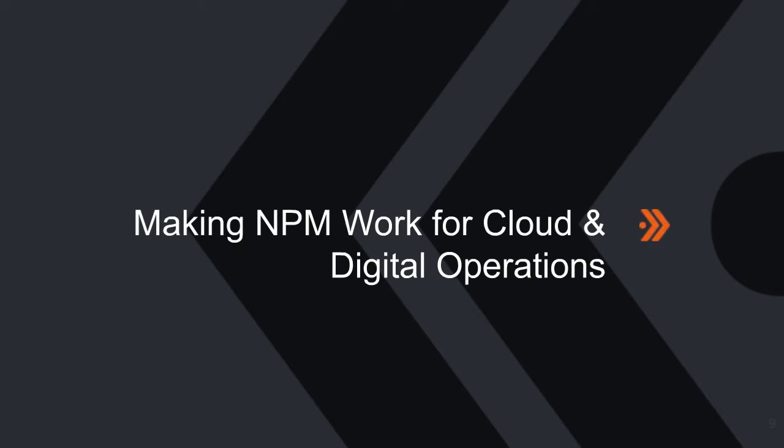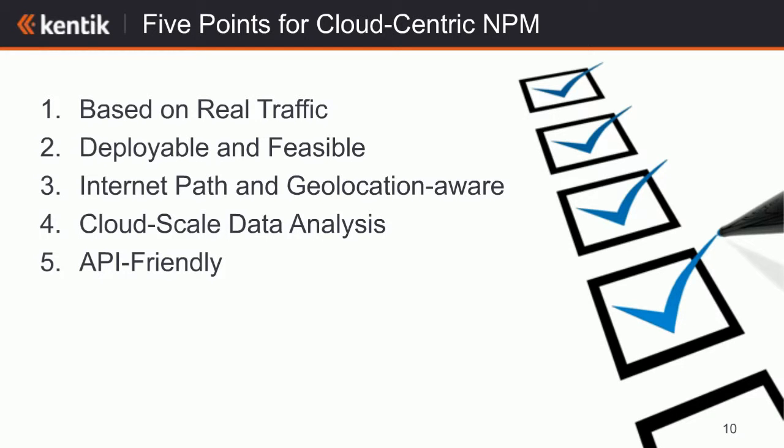So let's talk about some ways to potentially deal with this and to get our head around how we're going to improve this. We like to think of it in terms of 5 key points. They're listed here, and we're going to talk about each of them in detail. Basically, it has to do with what you look at in terms of traffic. It has to do with finding and figuring the types of technologies that will actually work in these environments.